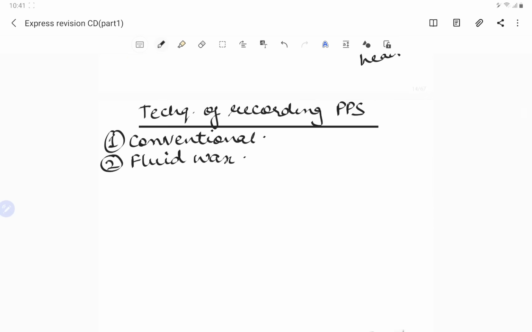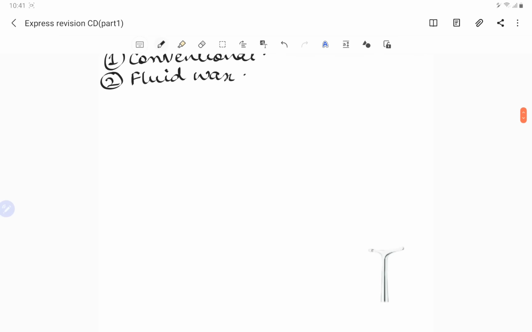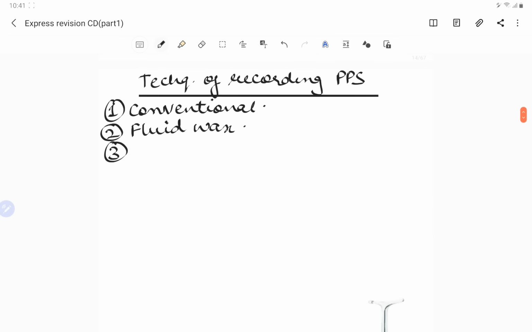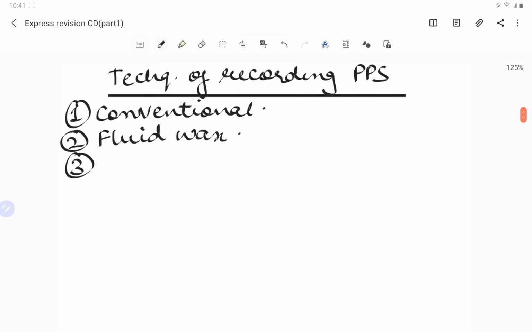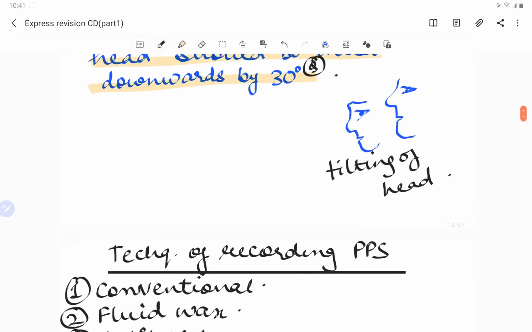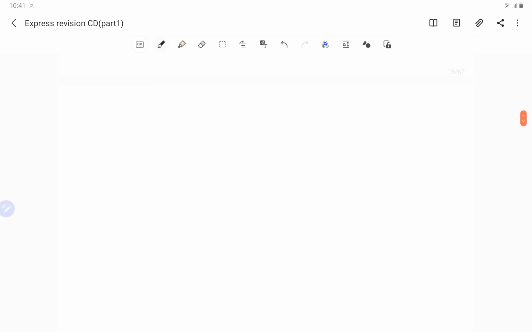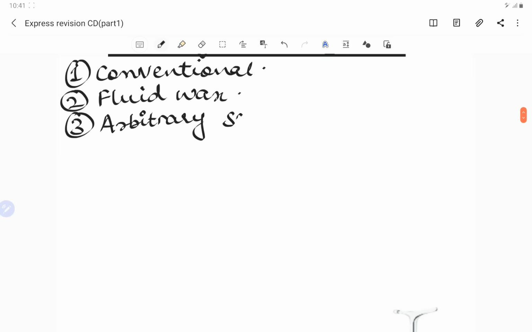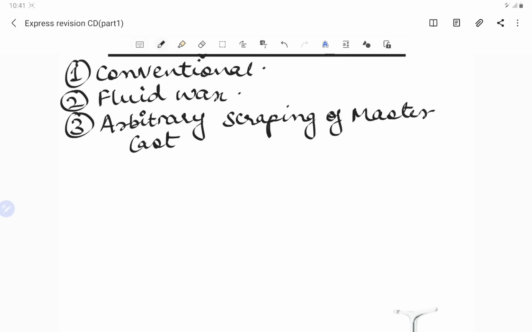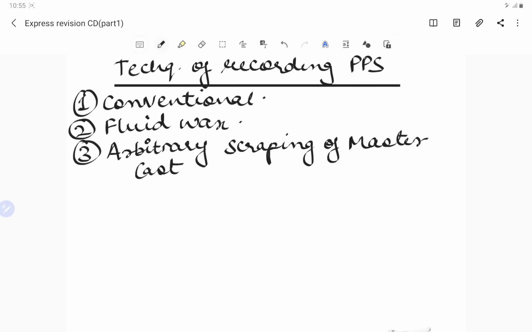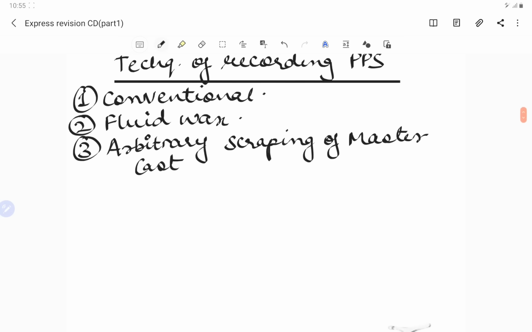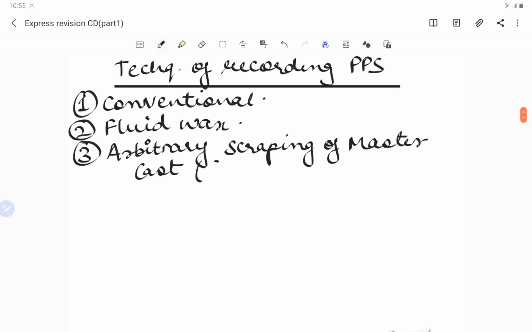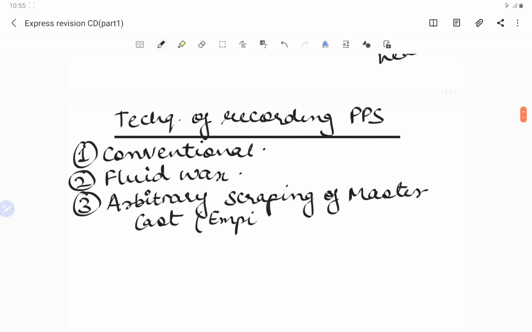And the third one is the arbitrary scraping of the master cast. So the 3 techniques are the conventional technique, the fluid wax, and arbitrary scraping of the master cast. We also call it the empirical method.